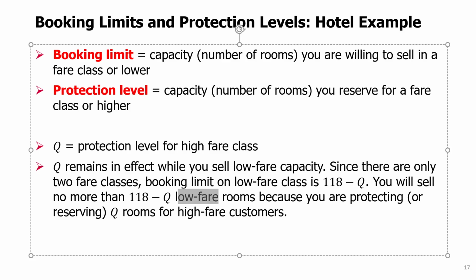Now, because we know our demand for low fare is abundant, we can even sell all 118 rooms if we want to. Of course, 118 minus Q, we will assume in our example, is going to be sold anyway. So we will assume whatever the booking limit, it will be satisfied. Those rooms will be filled with the leisure travelers who pay 159 per room.